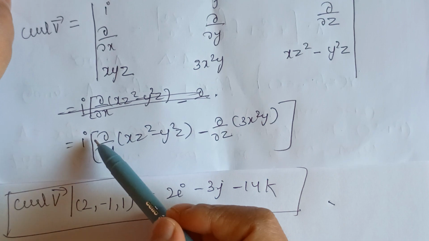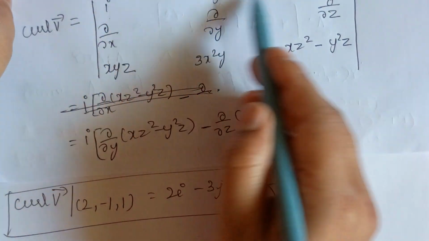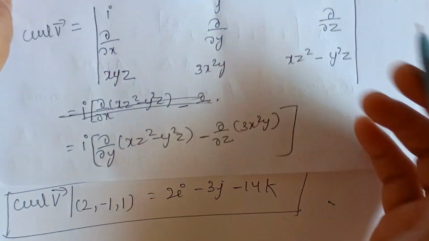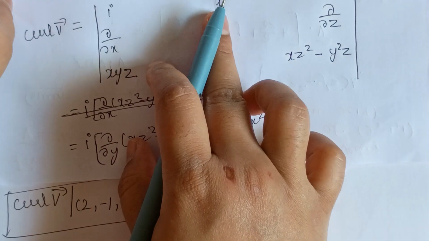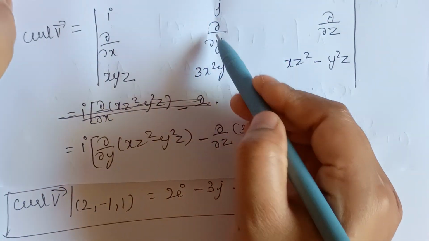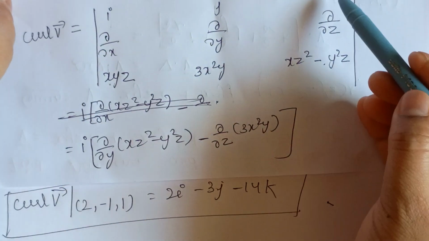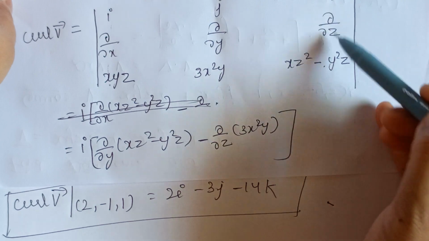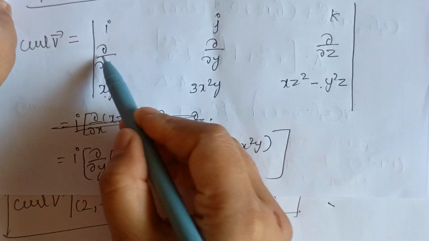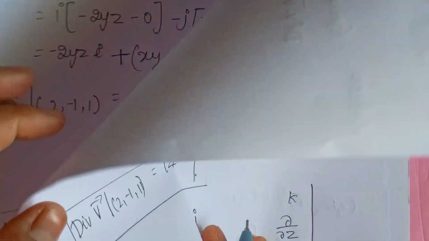When you write the i first, you leave that column and leave that row, multiply this minus multiply this. The next one is j. For j, you write the minus, then j, and then leave that column, leave that row, multiply this minus multiply this. Similarly for k, plus k, that is the rule, leave this column, leave this row, multiply this minus multiply this. This is how you get it.